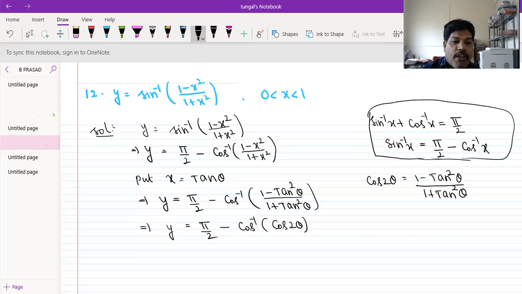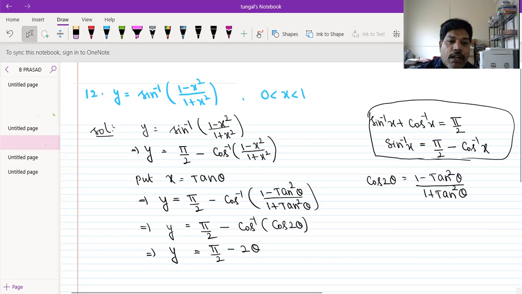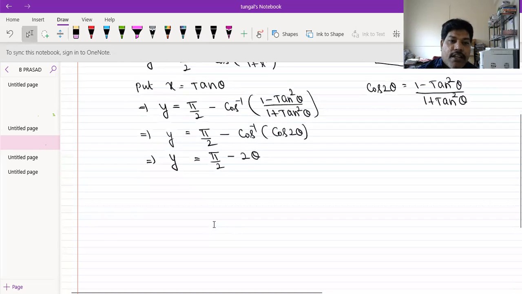So just apply the formula here, students. Then y is equal to pi by 2 minus cos inverse, and cos will be cancelled, it will become 2 theta.